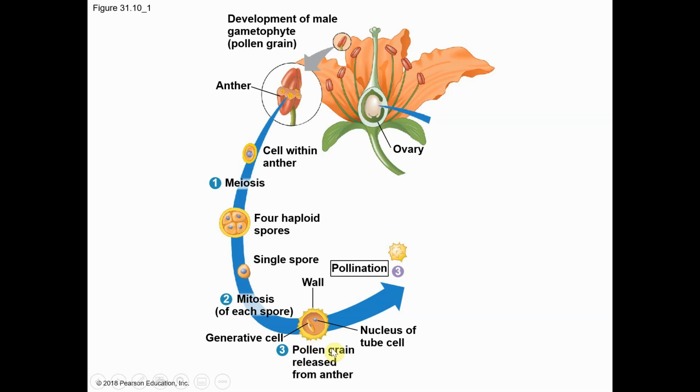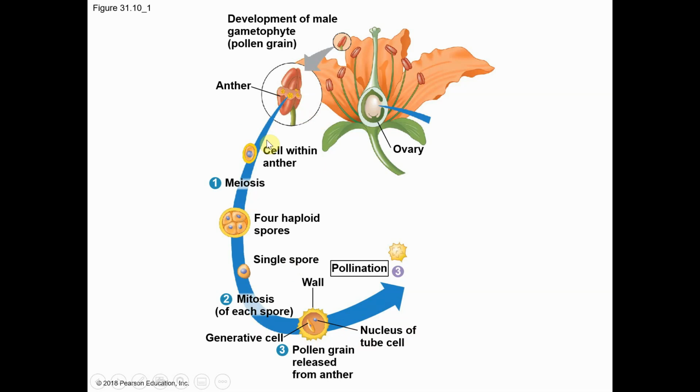The pollen grain is going to make two sperm cells. In there you see the generative cell and the nucleus of the tube cell. These will eventually produce the sperm cells that we need. But for us, just know that inside the pollen grain will be two sperm cells. The process is shown here.